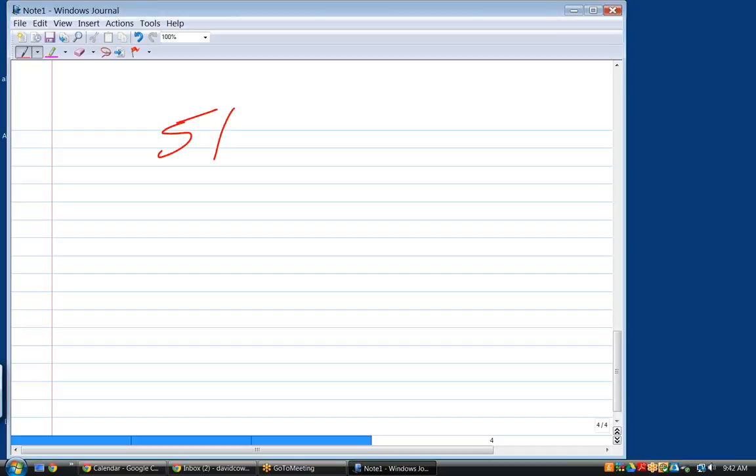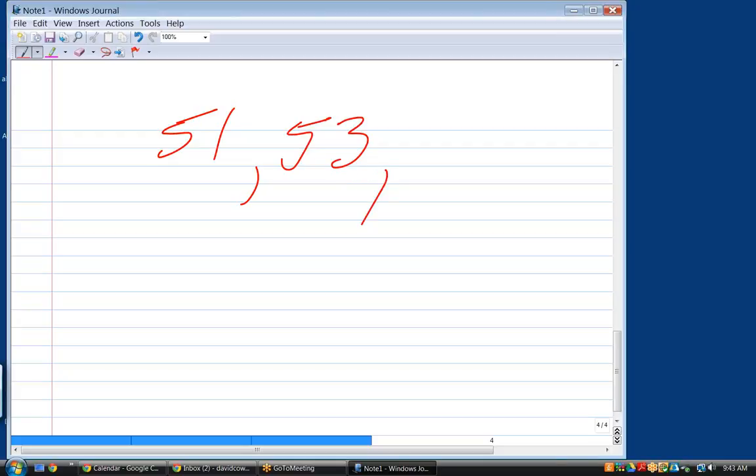Yeah, there's no factors of 51 other than 51 and 1. Well, and we know 53. Right. In other words, we know that no even number is going to be prime once you get beyond 2. 2 is actually prime, but it's the only even number that's prime. So we can ignore even numbers. 53, nothing divides into that.